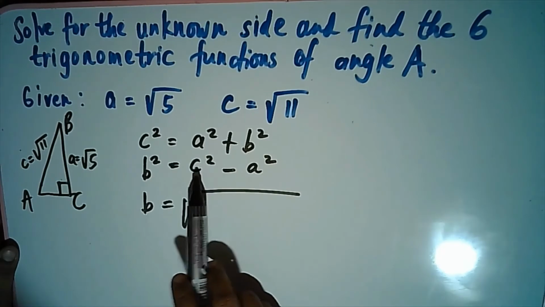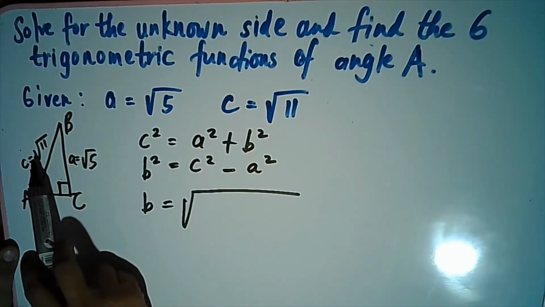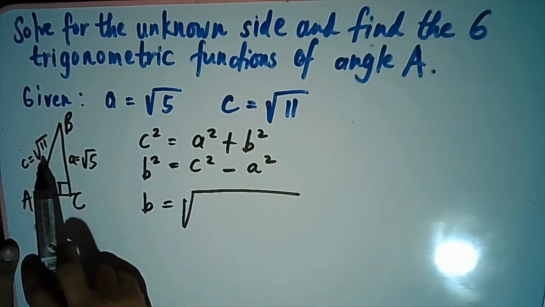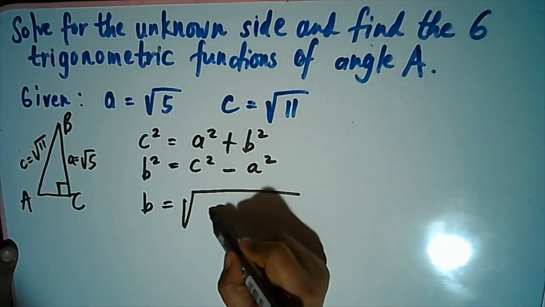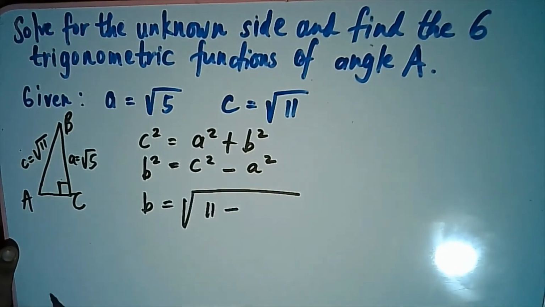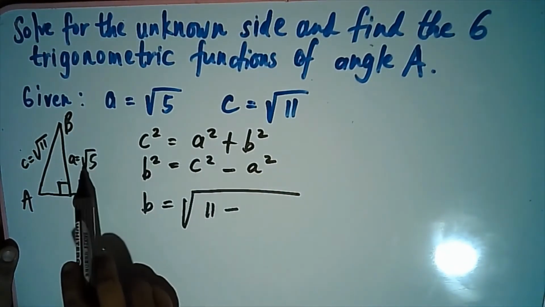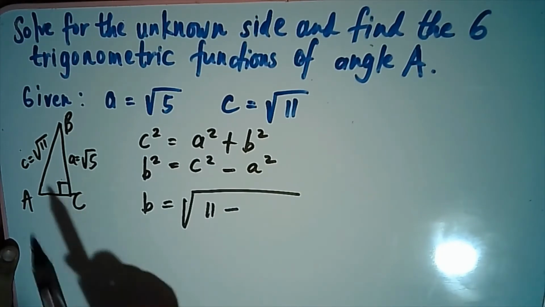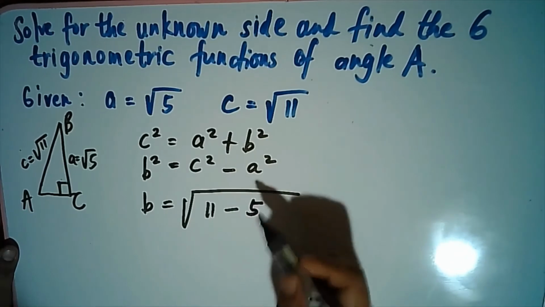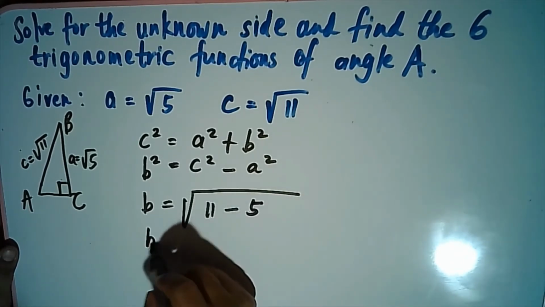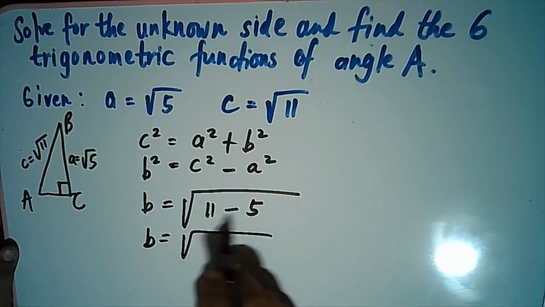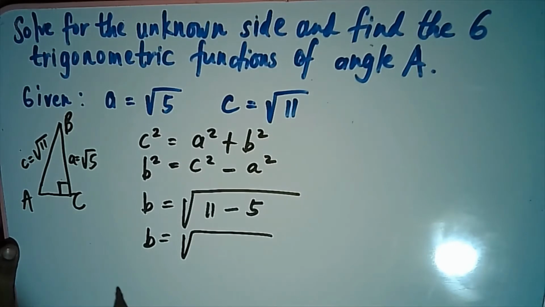So C squared is equal to square root of 11 times square root of 11 is 11, minus A squared is equal to square root of 5 times square root of 5 is equal to 5. So B squared is equal to 11 minus 5 is equal to 6.